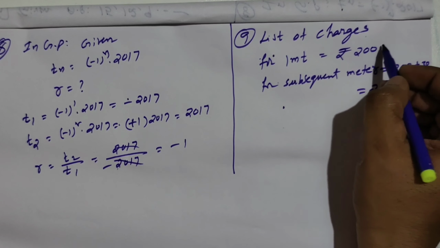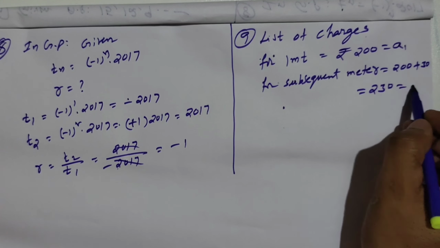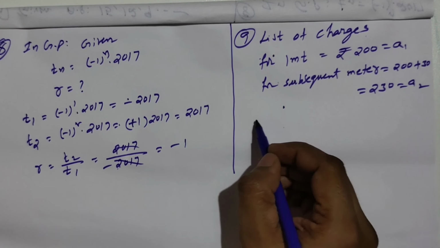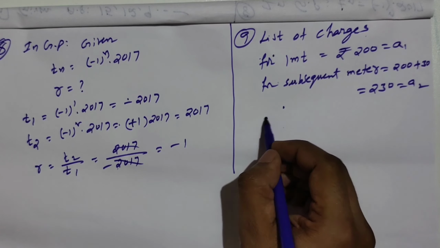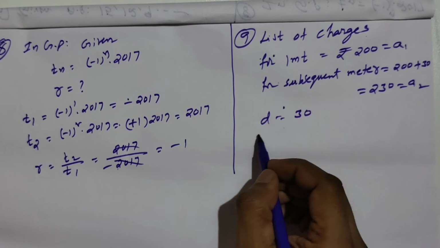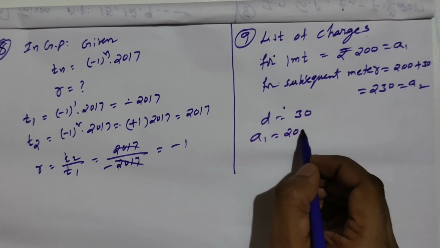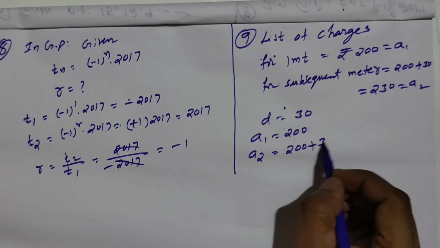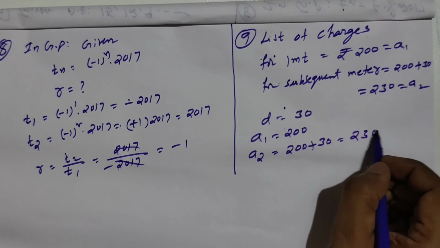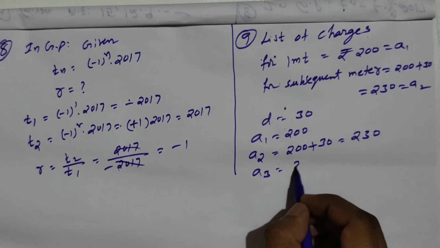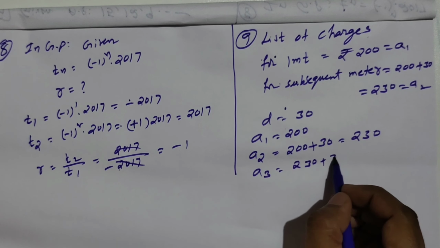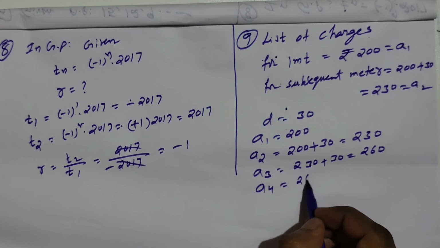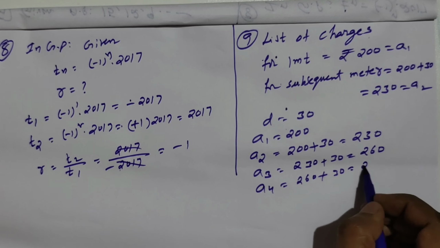Now here the first term is taken as A1 and this one is A2. So like this we have to write the AP here. So here the common difference D is taken as 30. Then A1 is equal to 200, A2 is equal to 200 plus 30, 230, A3 is equal to 230 plus 30, 260, and A4 is equal to 260 plus 30, 290.